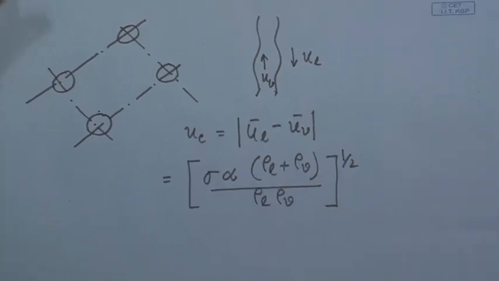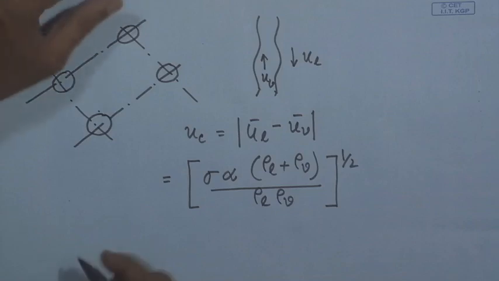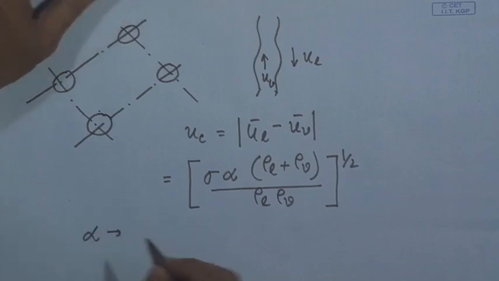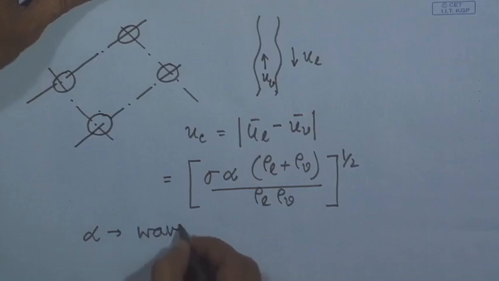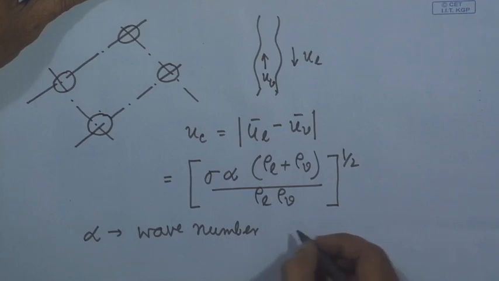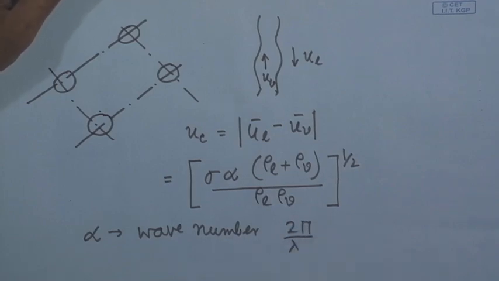Here sigma is the surface tension of the liquid, alpha is the wave number, and it is given by 2 pi by lambda, where lambda is the wavelength, rho L is the density of the liquid, rho V is the density of the vapor.